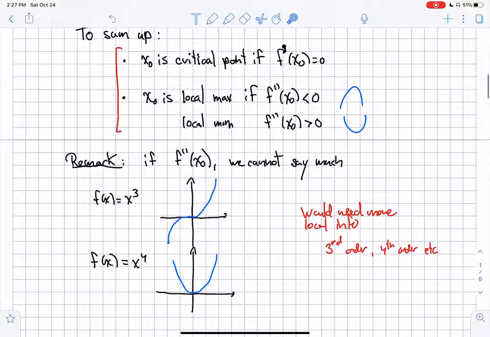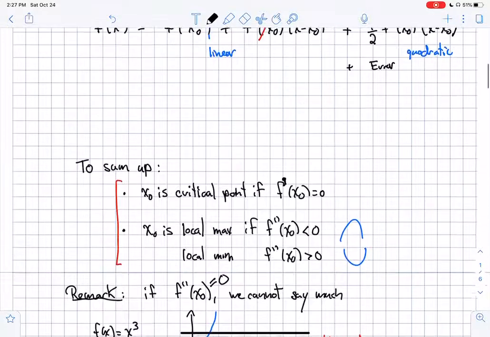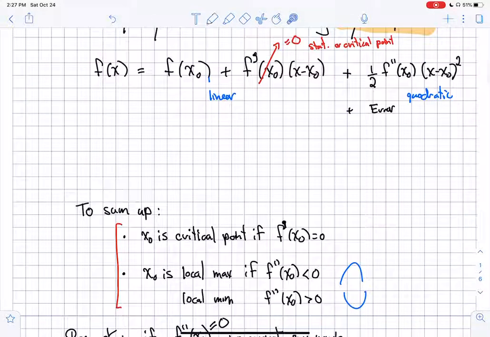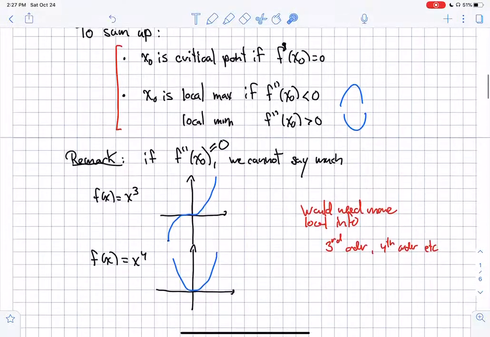By the way, if the second derivative is 0, then this term in the expansion is 0, so to decide if f of x is bigger or smaller than f of x0, I would have to go beyond. So I cannot decide. Look at an example: for x cubed, 0 is a critical point, however it's not a local max or local min.